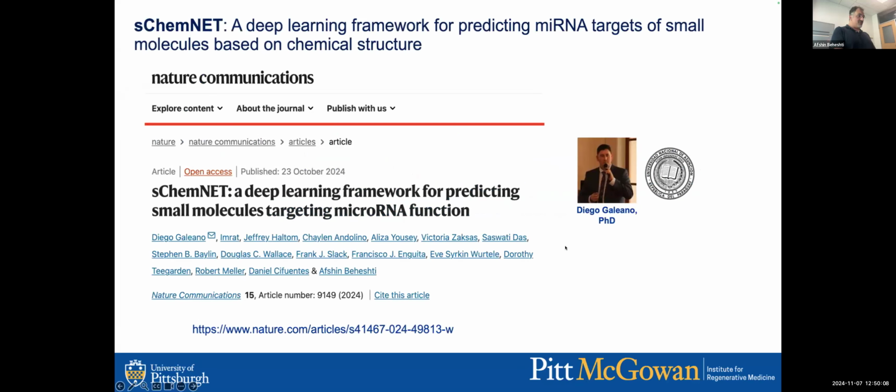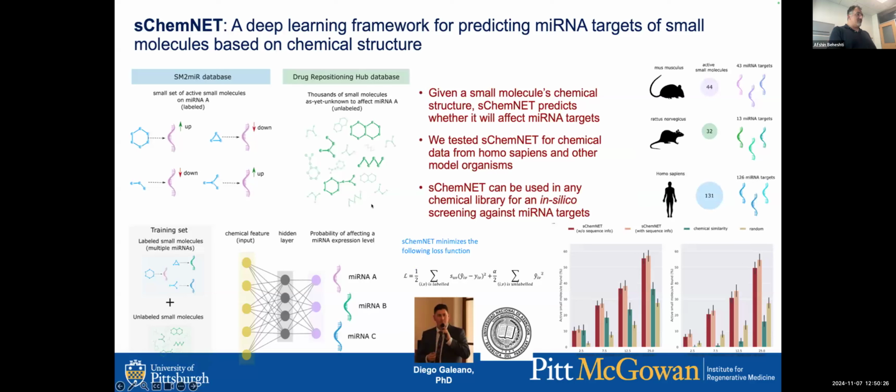With my collaborator Diego and other nice collaborators, but Diego's really the mastermind of this tool, the AI/ML tool we created, this paper just came out a couple of weeks ago. It's an ML tool called SChemNet, where we basically use the chemical similarity of small molecule drugs available in small molecule drug databases to compare how microRNAs might be targeted by these small molecules.